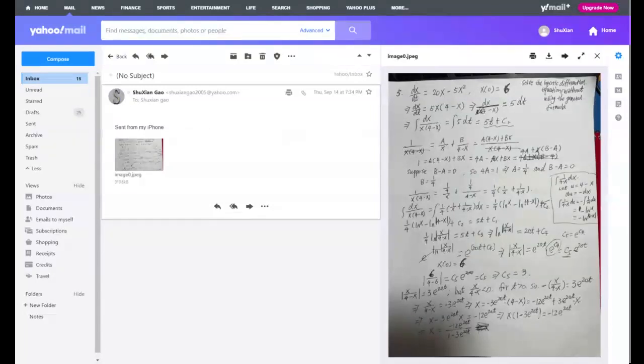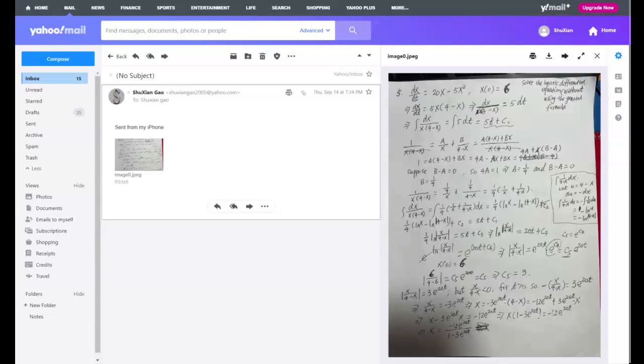For the left-hand side, I use partial fractions because it separates the denominator. Write a over x plus b over 4 minus x, and put them over the same denominator: a(4 - x) over x(4 - x), plus bx over x(4 - x). Then we cancel the denominator, so 1 equals a(4 - x) plus bx. Expanding, 4a minus ax plus bx, and factoring, 4a plus x times (b - a), which equals 1.